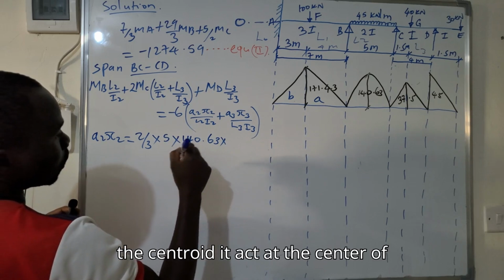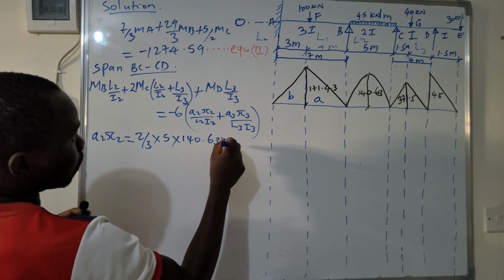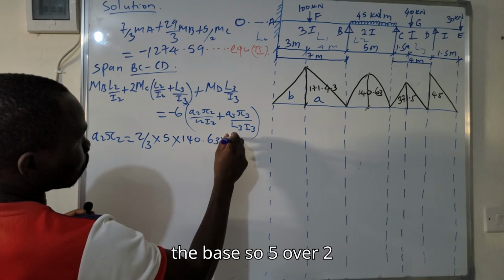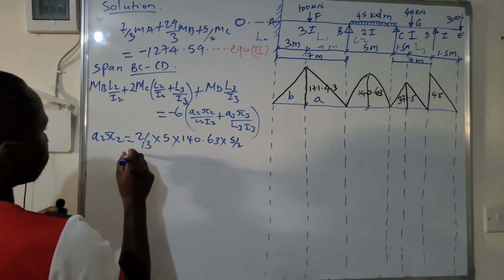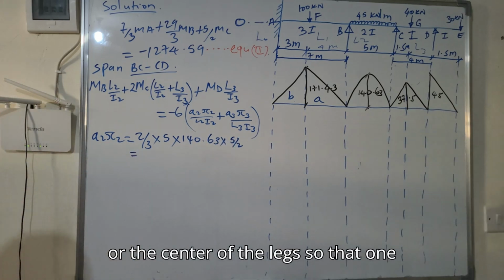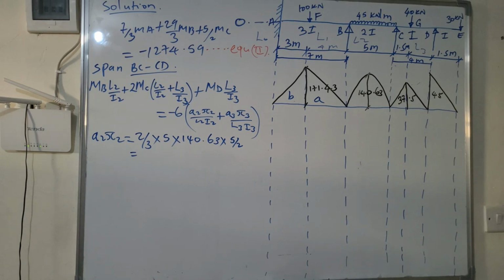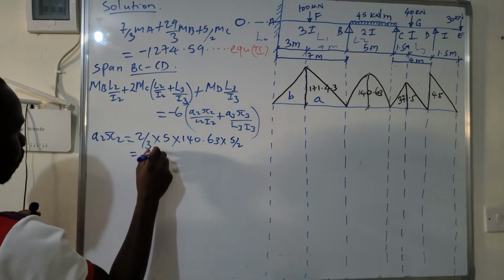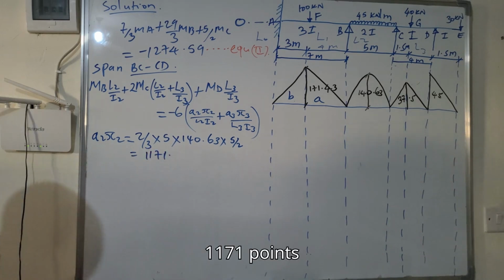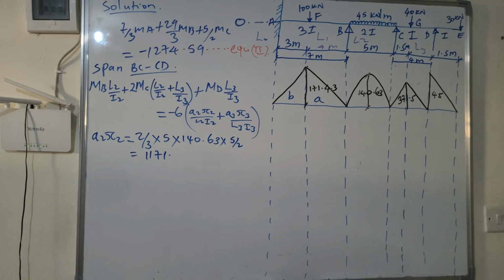The centroid acts at the center of the base, so 5 over 2, or the center of the length. So that one will give you 1171.92.